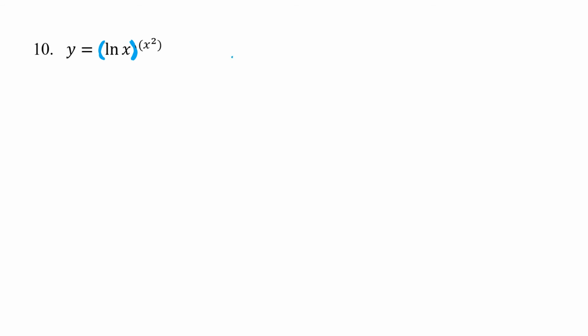So we have to be careful, because the natural log of x raised to the x squared power is not the same thing as the natural log of x raised to the x squared power written without the parentheses. So these aren't quite the same thing. And often we'll write that like this. So these aren't the same thing either. This entire natural log is being raised to the x squared power.